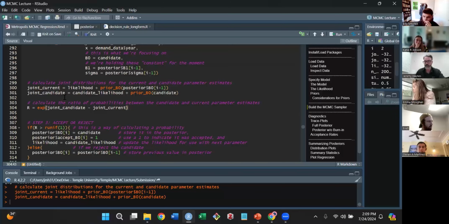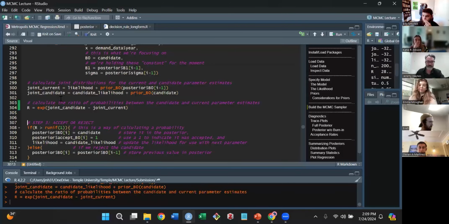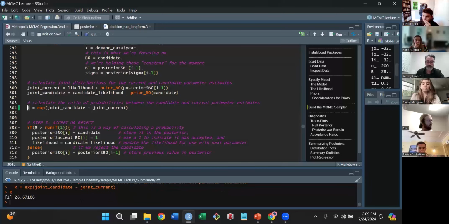That helps us put it back on the probability scale, kind of. So we'll calculate R, and our R value for this candidate is 28. So what does that mean for this candidate? It's going to automatically be accepted.